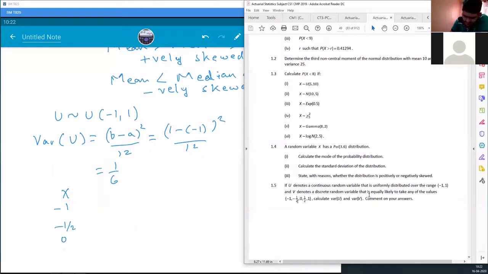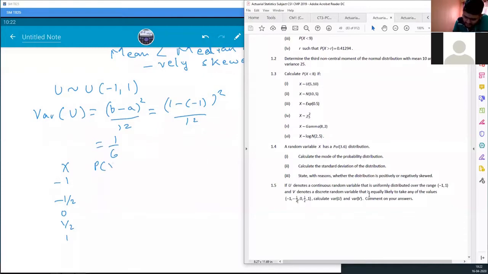These are the 5 possible values, and probability of V equals small v, rather than x we'll write v. Because it is equally likely, each value has the same probability. So we have 5 values, so probability becomes 1 by 5 for each. So what will be its expected value?